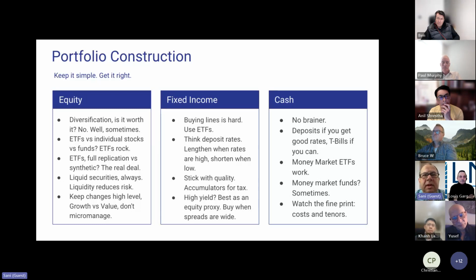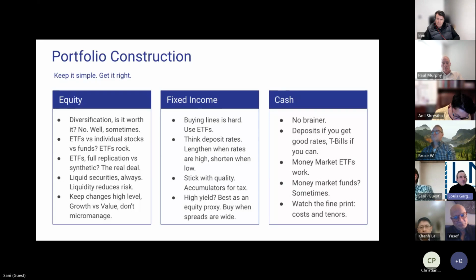I would not subscribe to anything that doesn't follow by buying physical securities. It doesn't mean it doesn't work. I just think that there is slippage and some hidden costs that you may not be aware of. So on ETFs, I would focus on full replication, which means they buy the underlyings.